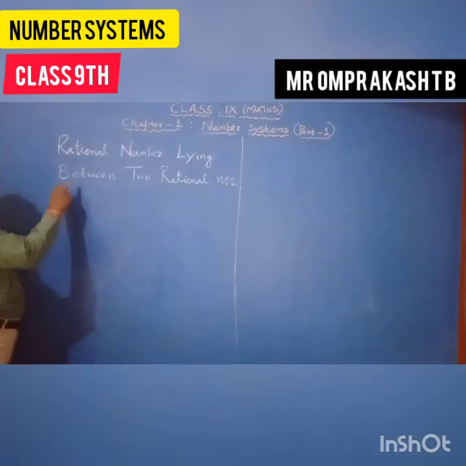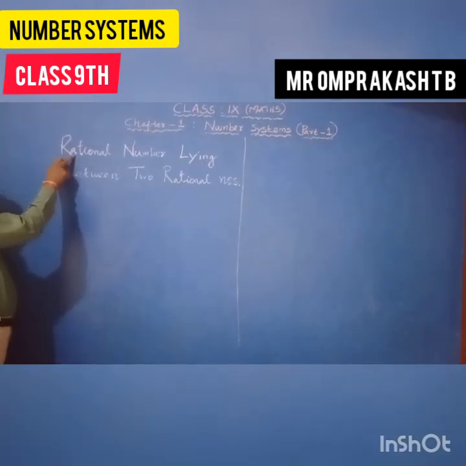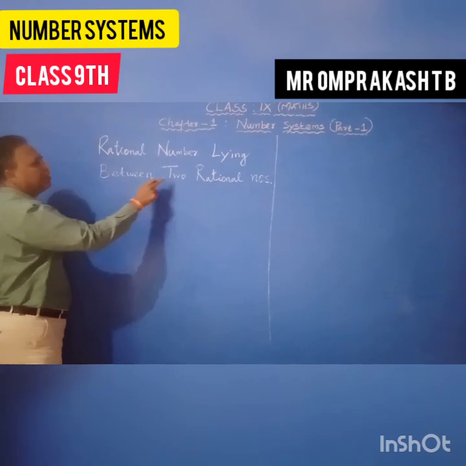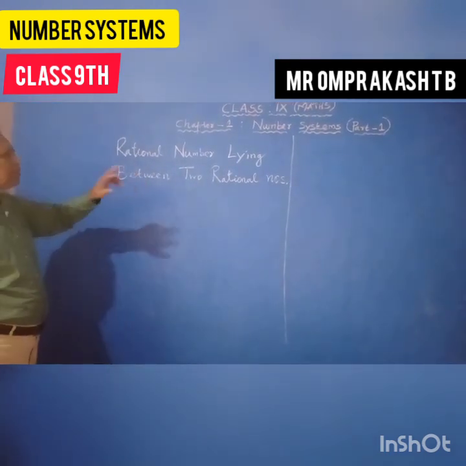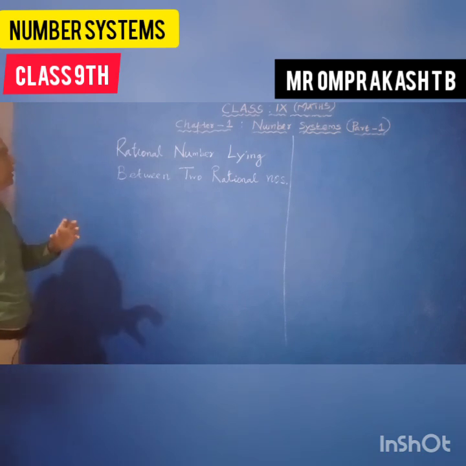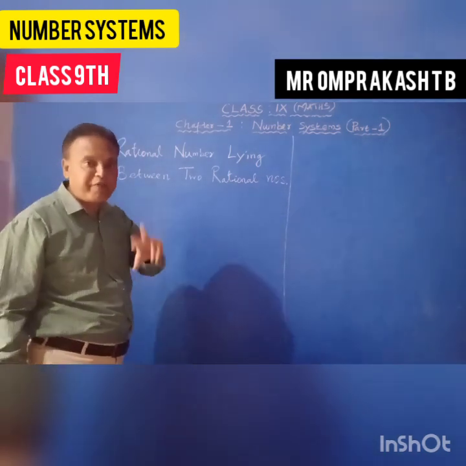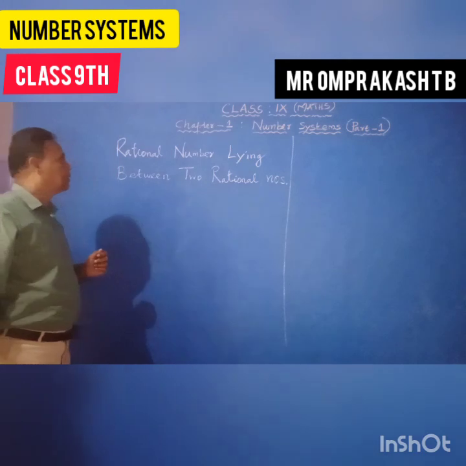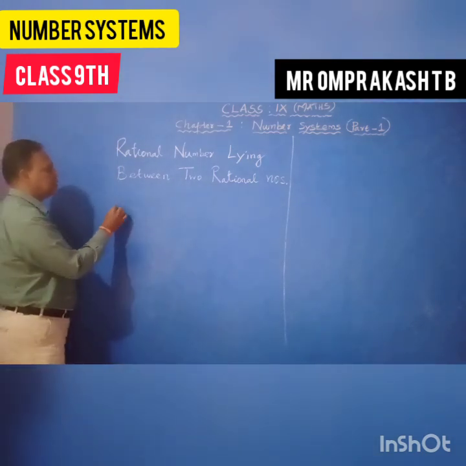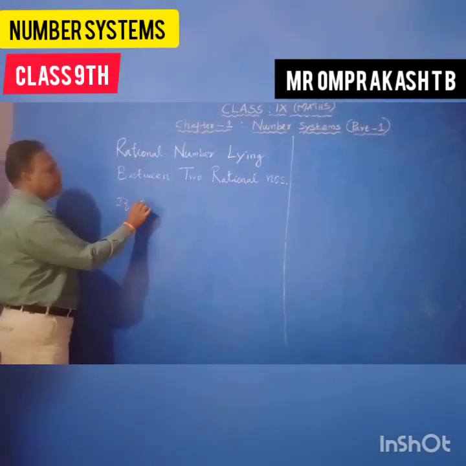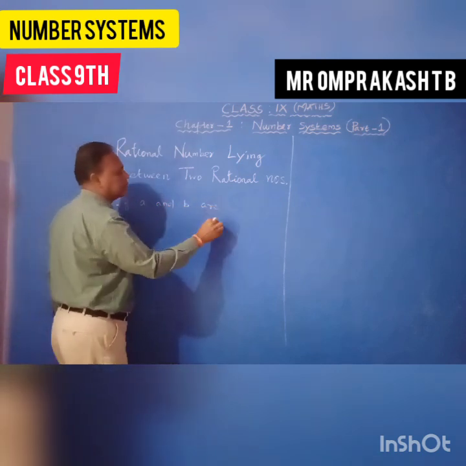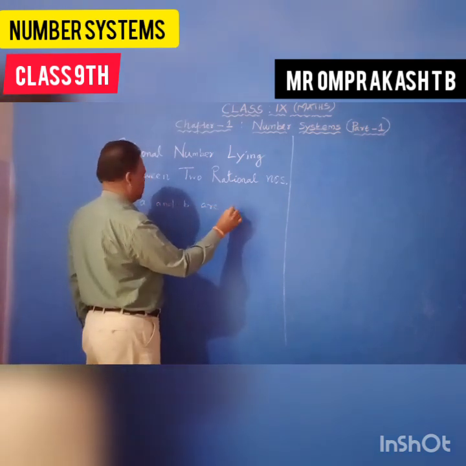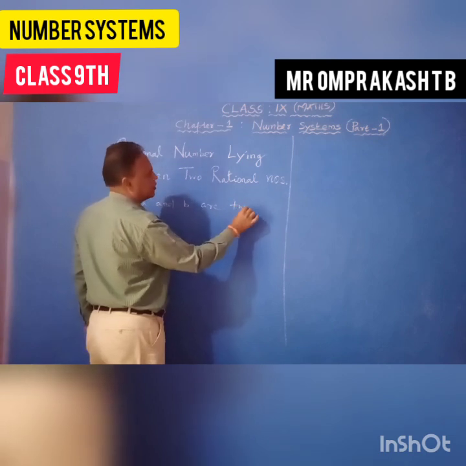So next, rational numbers lying between two rational numbers. How to find a rational number between two rational numbers? Suppose A and B are two rational numbers.